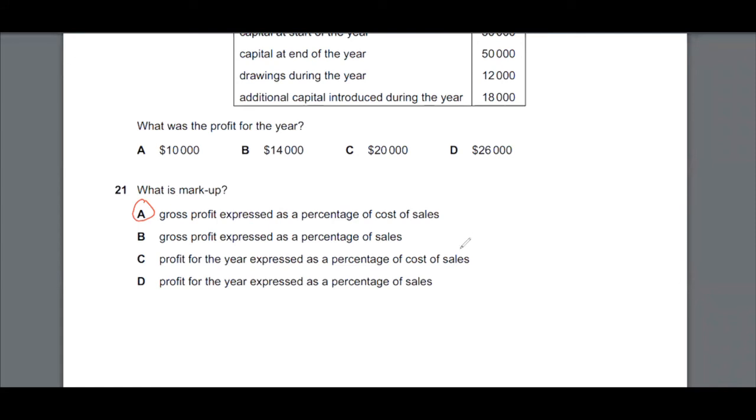It's very rare that you would get the correct option at the very beginning, but in some cases, yes, you do. So in this case, you have got the correct option as your top choice, option A. Gross profit expressed as a percentage of cost of sales is called markup.